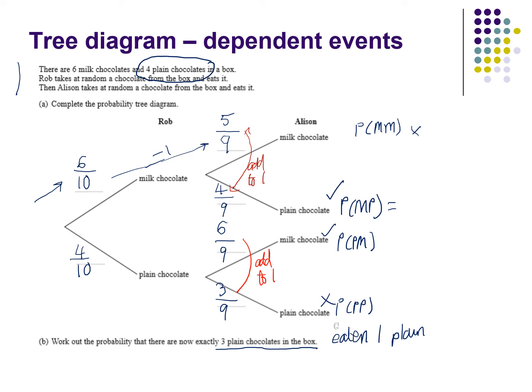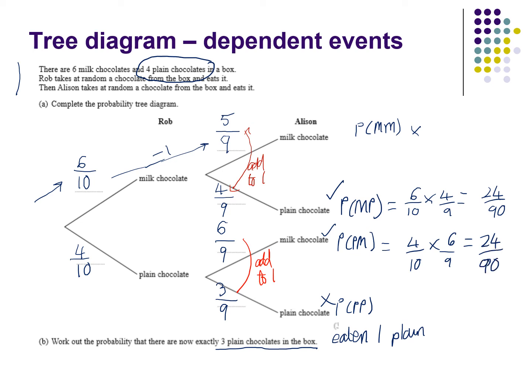So let's do the probability multiplying that we did before. 6 over 10 times 4 over 9. Okay, so that's 24 over 90. This one, 4 over 10 times 6 over 9, which is also 24 over 90.